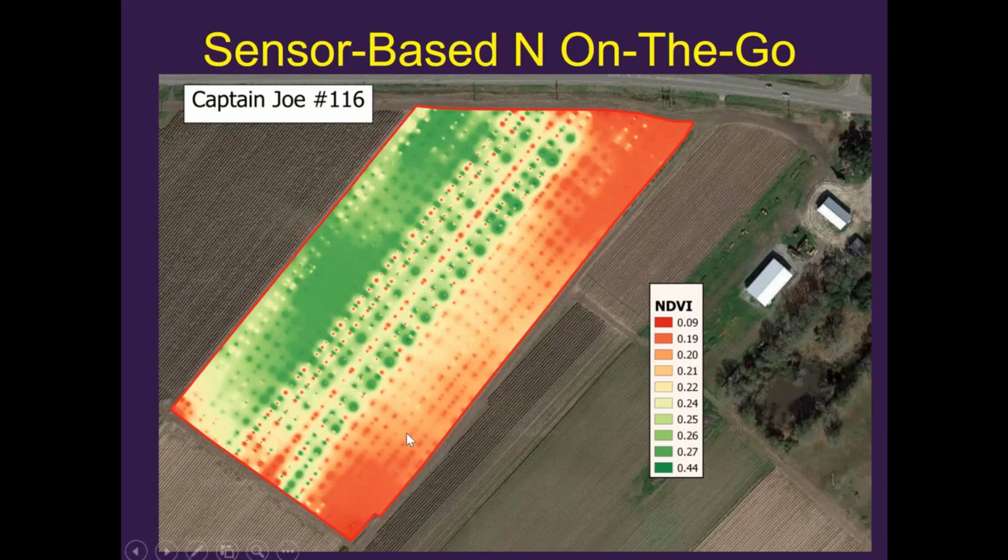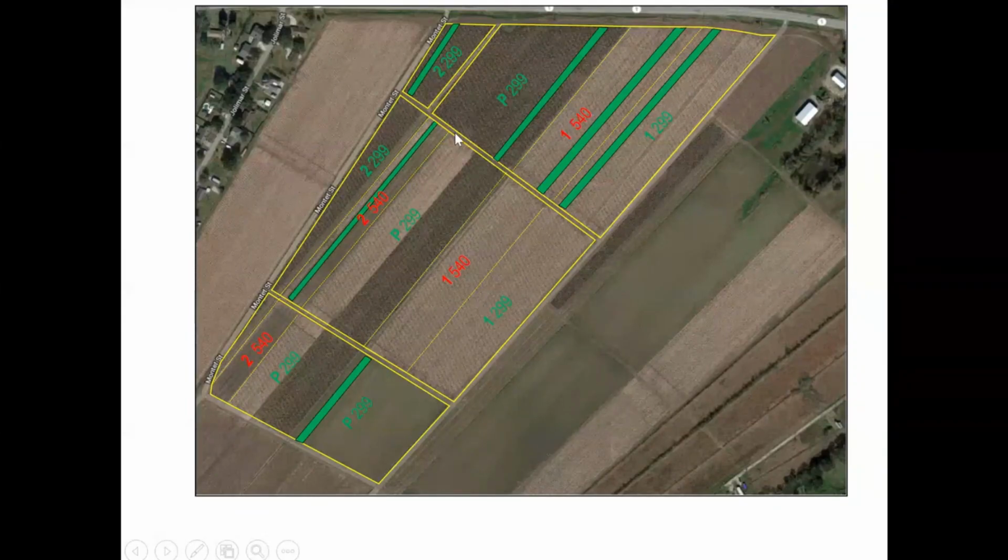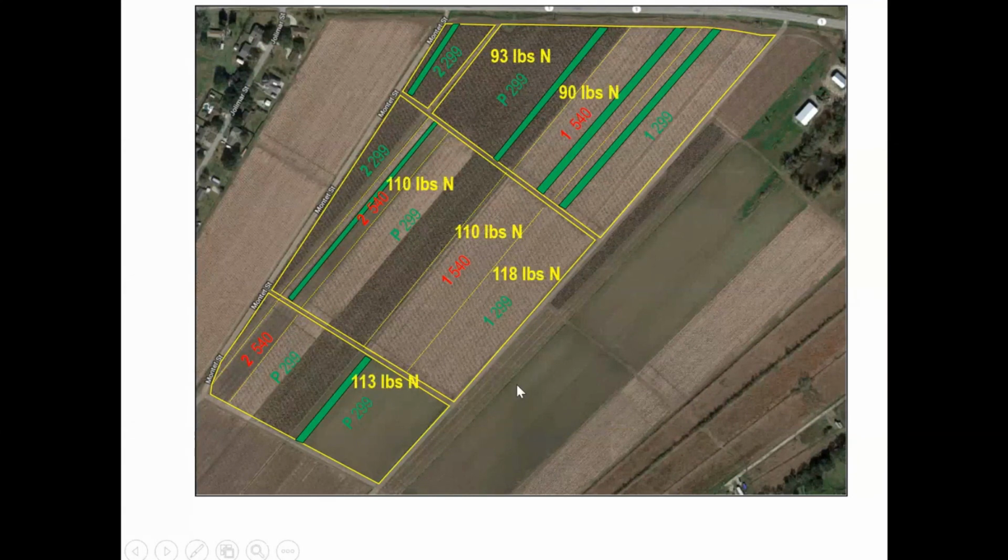You can download this, and this is giving us the reading of the NDVI per section of the field, and also what is applied on those areas of the field where the NDVI was taken. On average for this particular area, we applied 85 pounds per acre. So what we did, going back to that sugar model farm where we have these different enriched strips, we got the average of the nitrogen fertilizer applied.